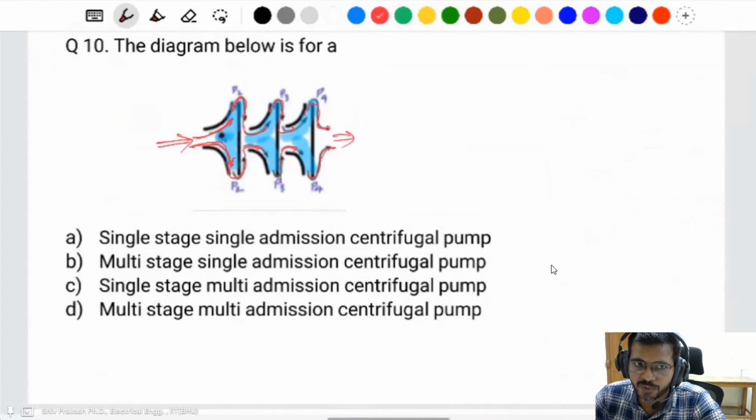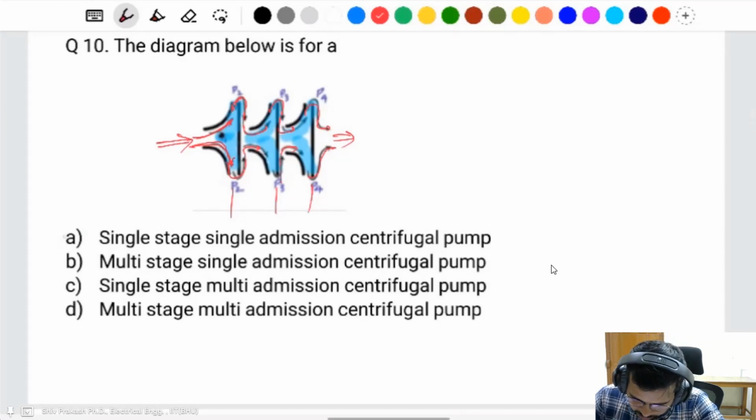One input and one output only. But there are some stages, like one stage, two stage, and three stage. That's why this is the multiple stage: multi-stage with single input, single output.